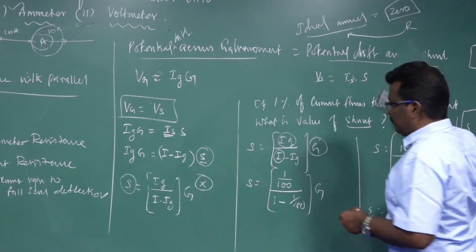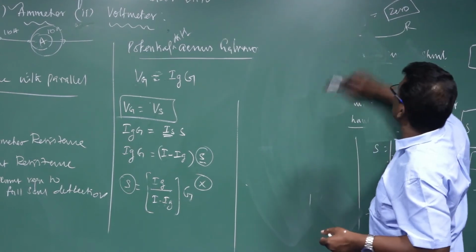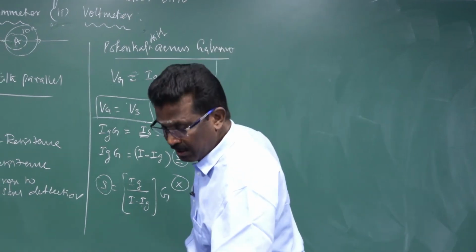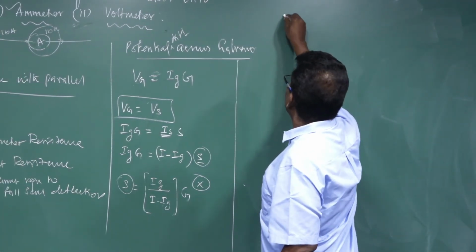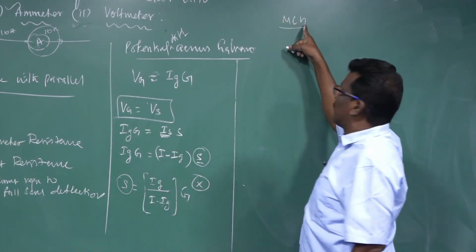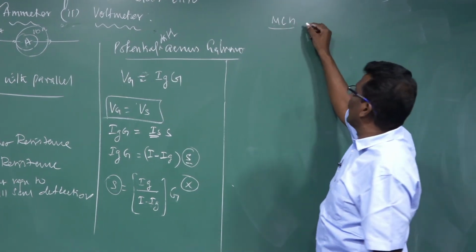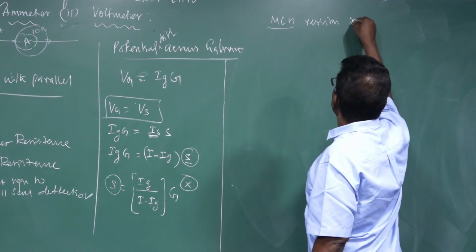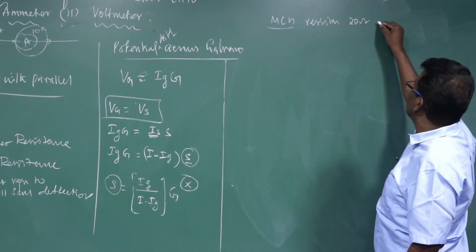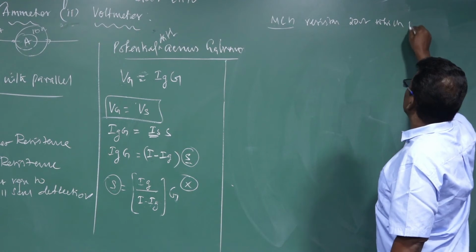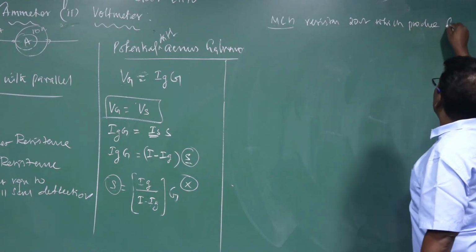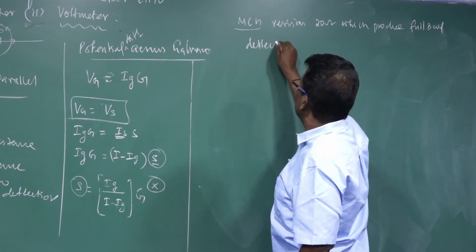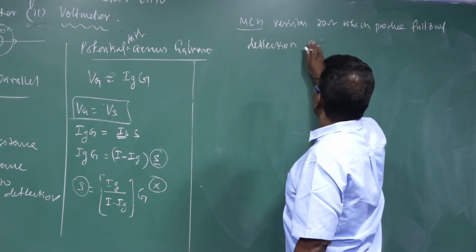For example, MCG represents a moving coil galvanometer.